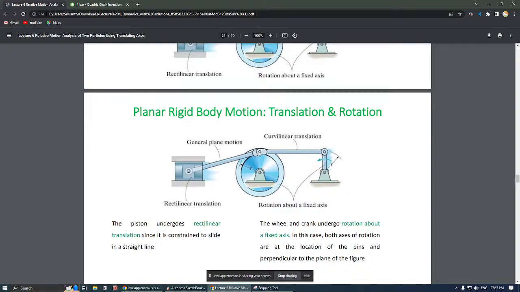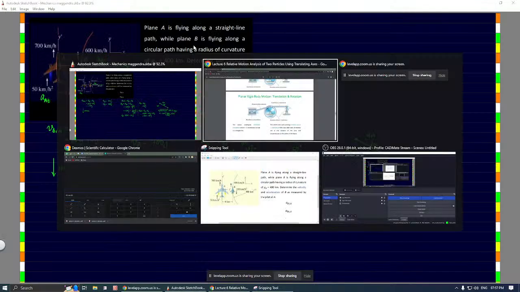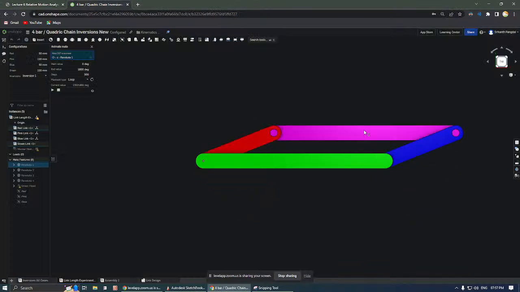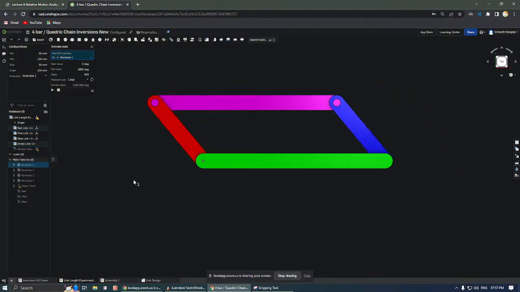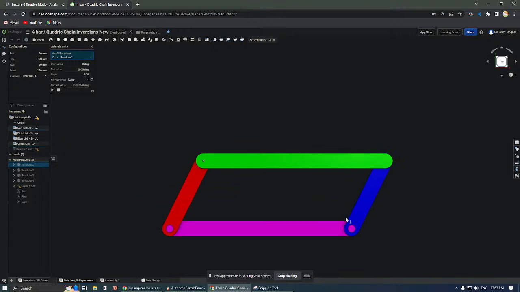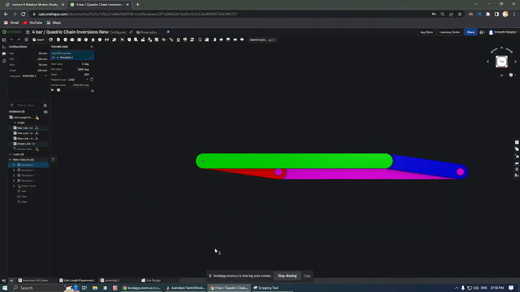Where is the fixed point? Which rod? This rod, this horizontal rod. Yeah, it's translating, and this translation is called curvilinear translation because you can see the center point is moving in the horizontal direction also. The path of both the points is a circle, no?